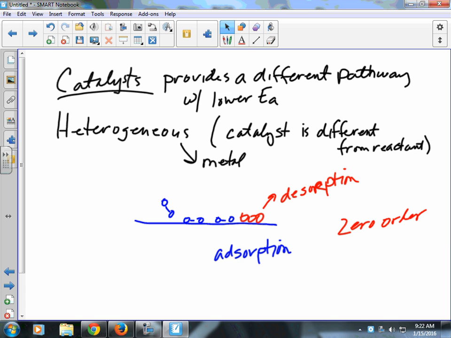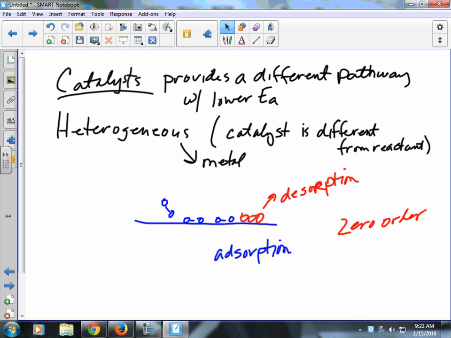Maybe this will explain better when we look at homogeneous catalyst. On a homogeneous catalyst, the catalyst is in the same state of matter as the reactants. Okay? Here's the catch about a catalyst. The catalyst is present at the beginning of the reaction, and it's present at the end of the reaction.